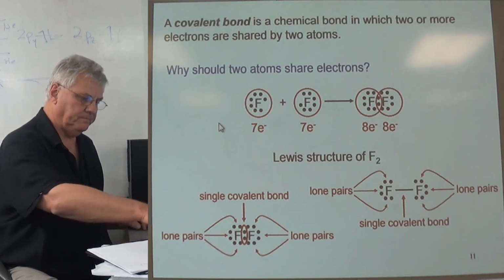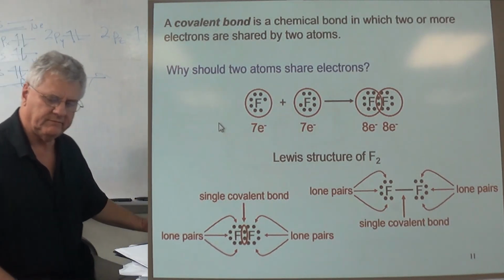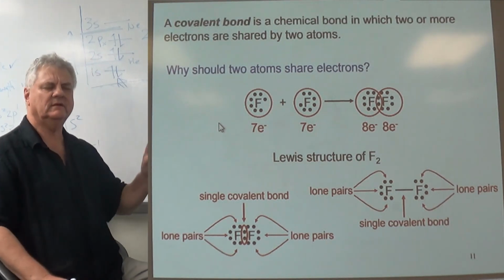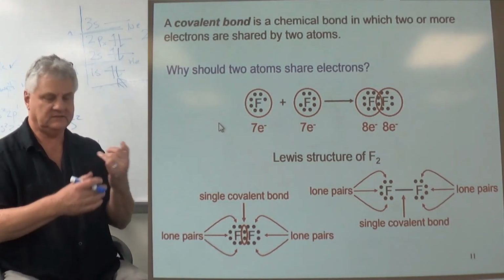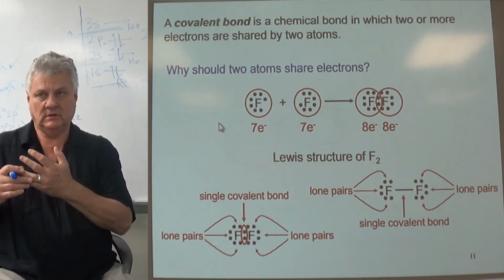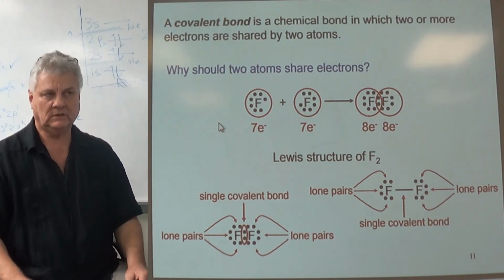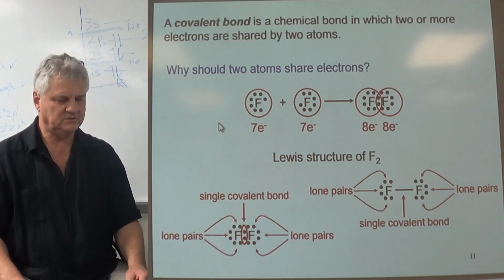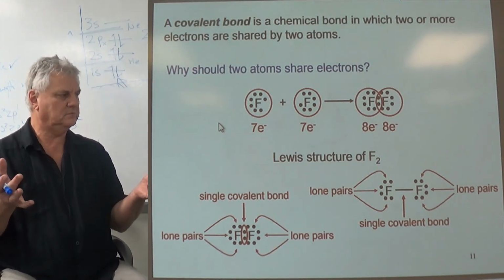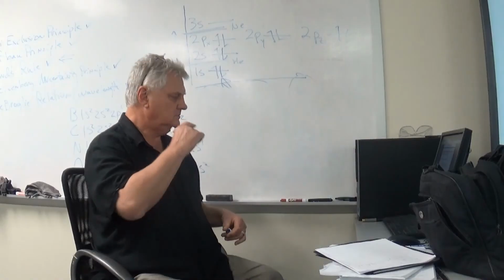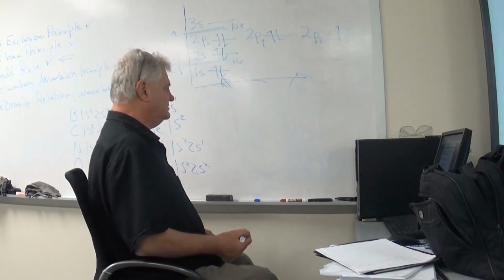Here's an example. Fluorine is one of the elements on the periodic table that's a gas, and it's also a diatomic molecular element. That means it exists in clusters of two. So even when we have the pure element fluorine, it doesn't exist as individual atoms, but actually exists in clusters of two.